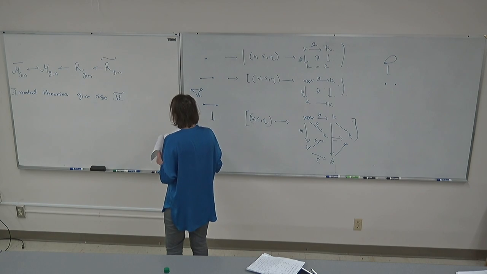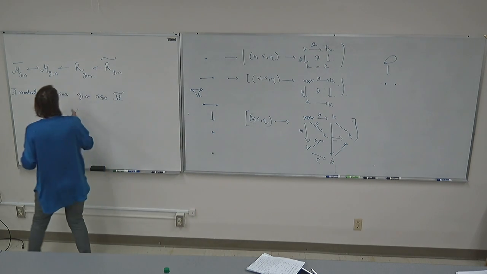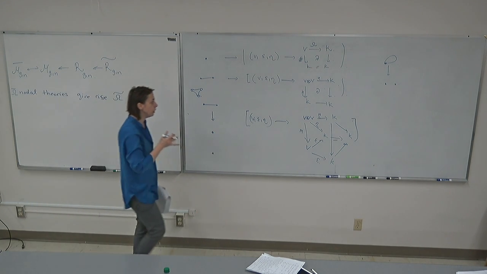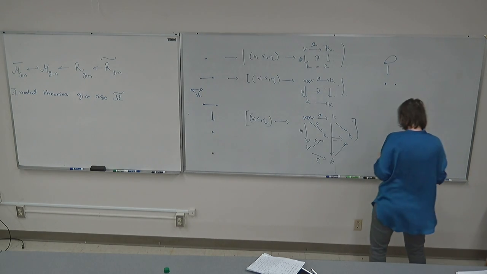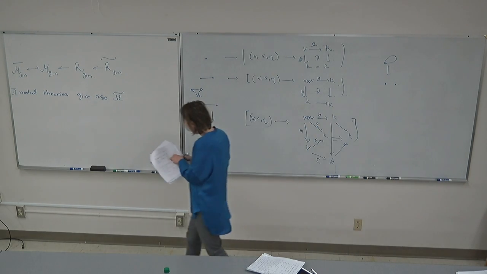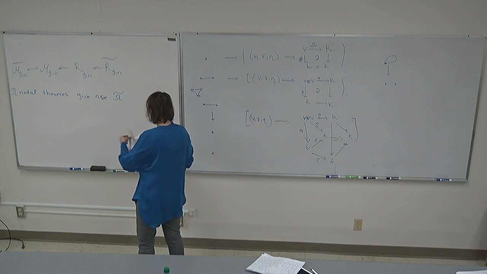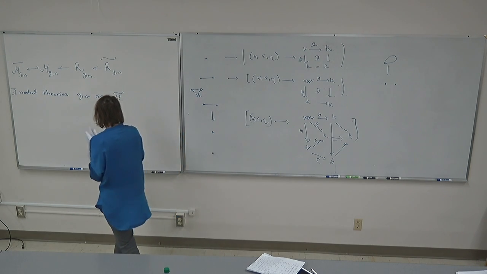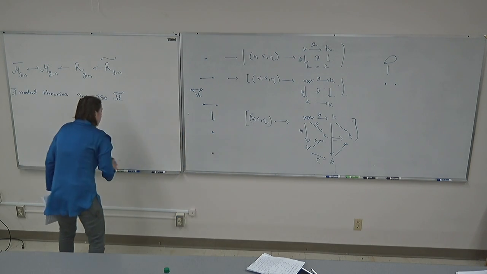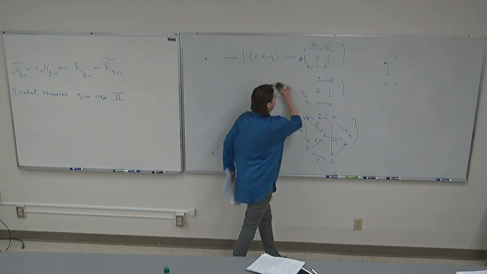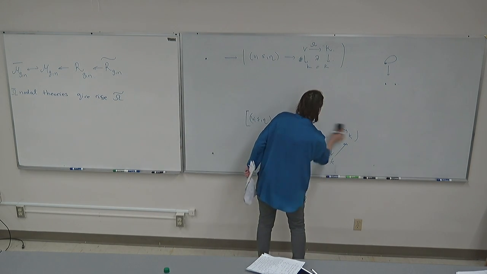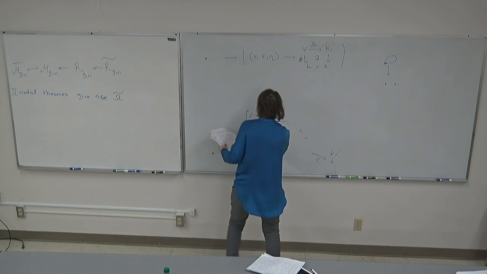Okay, so I'm now going to give a classification theorem for these theories that is similar to the classification theorem for 2D CohFT. And for this, I need to take projective limits of cell graphs. So I'm going to construct pictures.